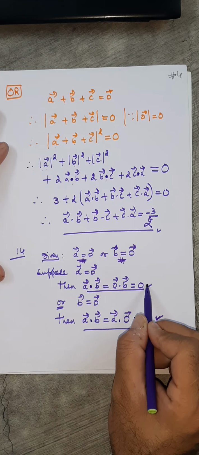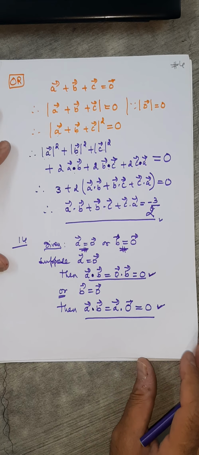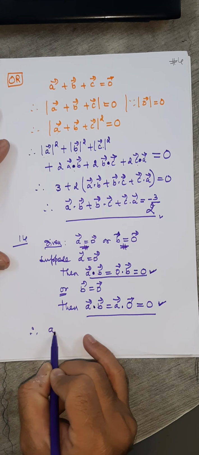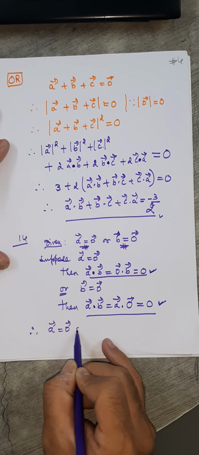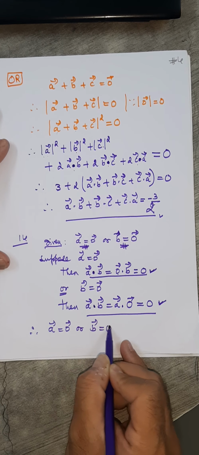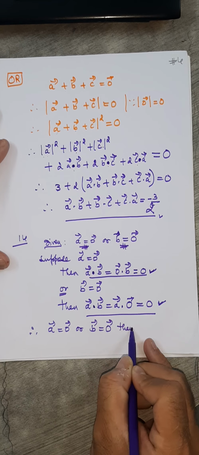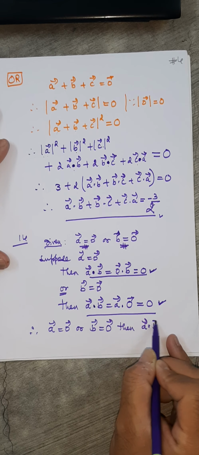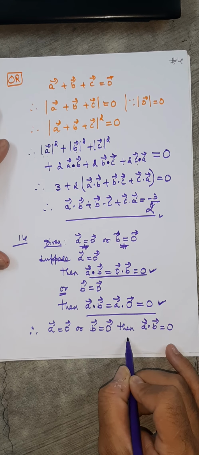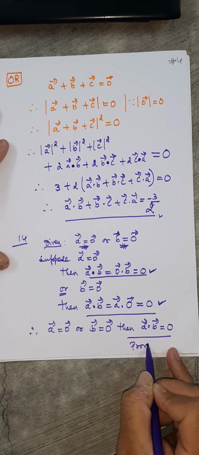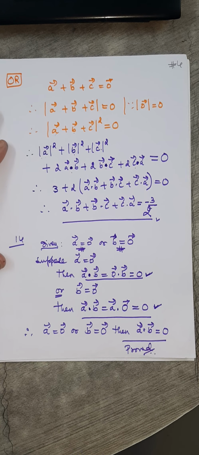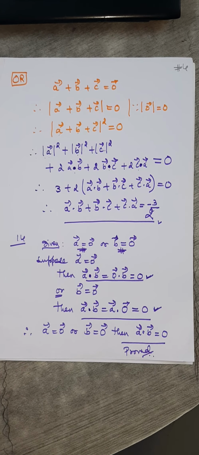Remember, the dot product is always 0. That's proved. So therefore what you have shown, if either A is a null vector or B is a null vector, then the dot product is always 0, right? This is proved. Now we want to show that the converse need not be true.